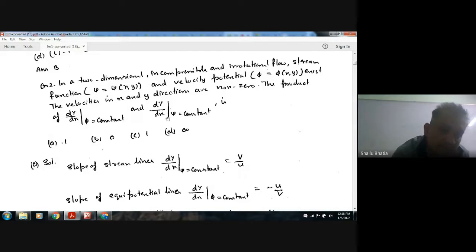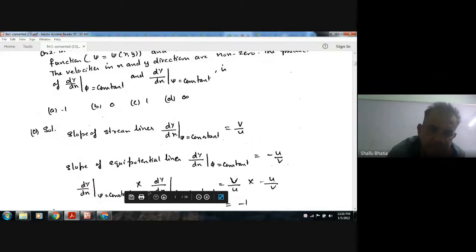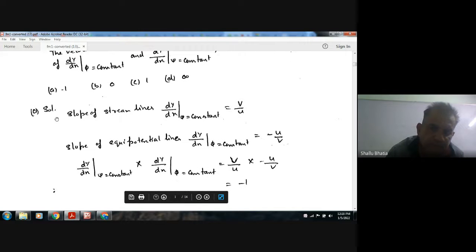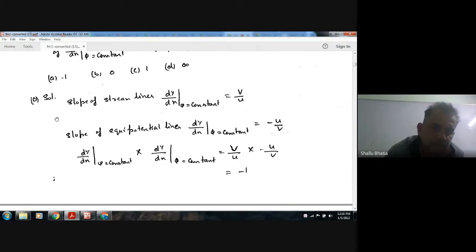The stream function lines and the velocity potential lines are perpendicular to each other. The slope of the streamlines is v by u, and the slope of the equipotential line is minus u by v. So the product is minus 1. So the answer is minus 1.